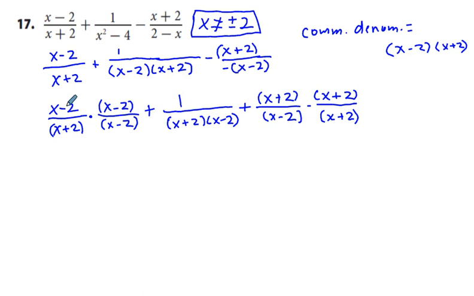So what we have is, in the numerator, well, I'll just write this all out. We have x minus 2, x minus 2, plus 1, plus quantity x plus 2, quantity x plus 2.